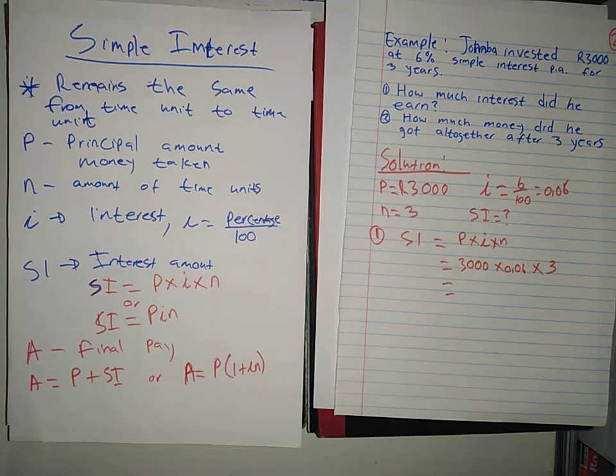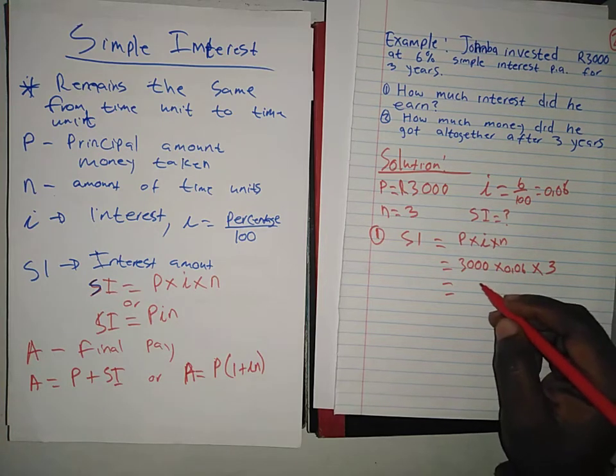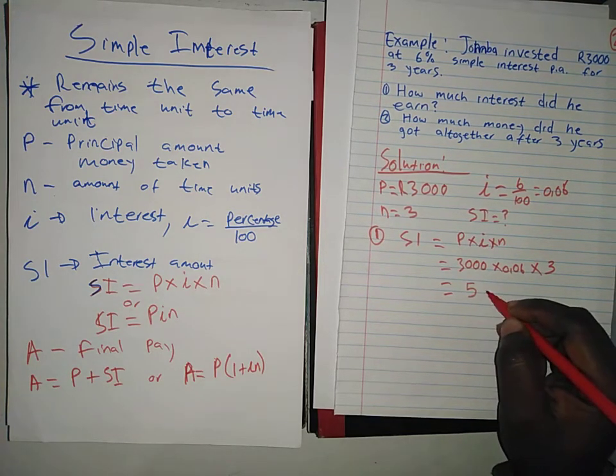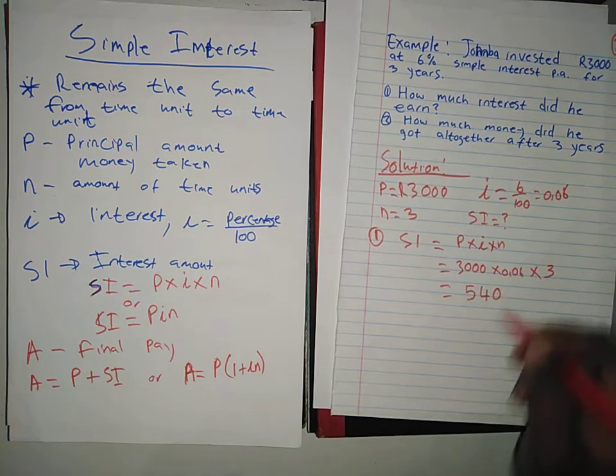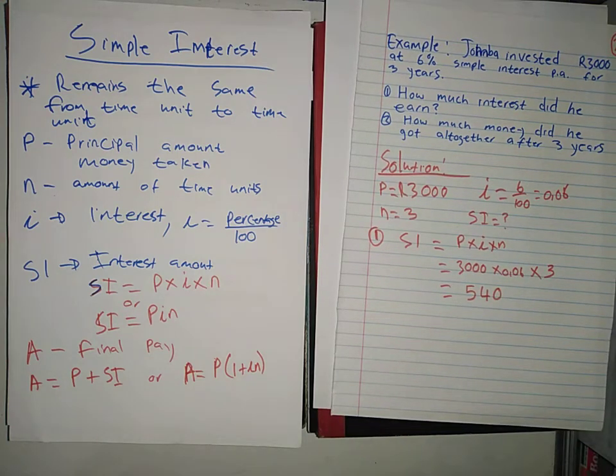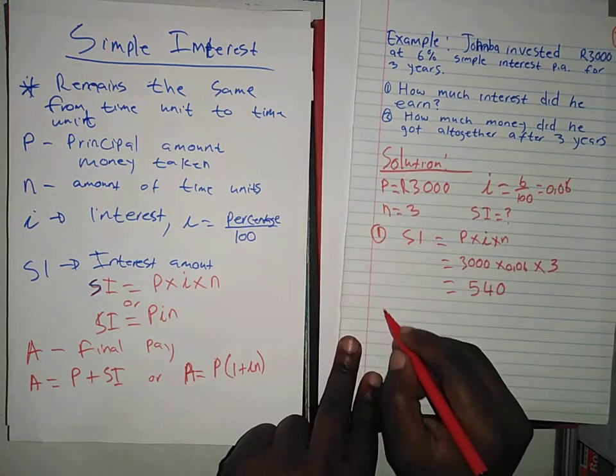Okay, let's see. We get 540. So our answer here is 540. This 540 is the interest, and then obviously we go back to answer how much interest did he earn.